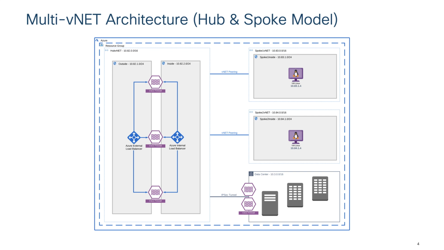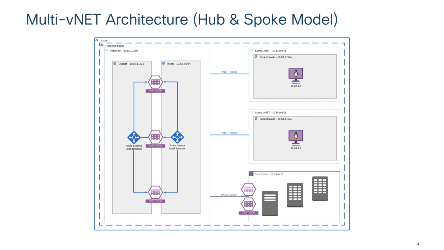In addition to that, if you have ExpressRoute, you can connect your ExpressRoute to the VNG in the hub. Otherwise, you can also use an IPsec connection between your data center and your Azure cloud.